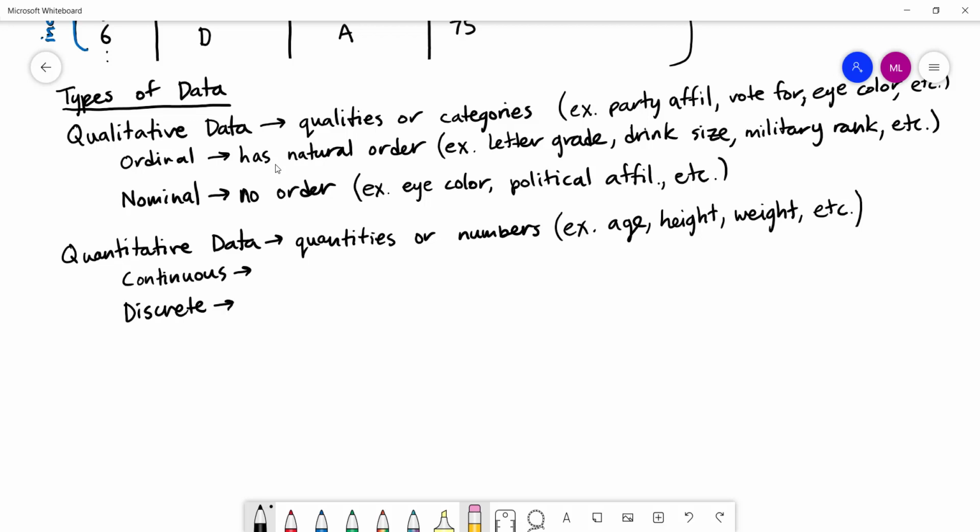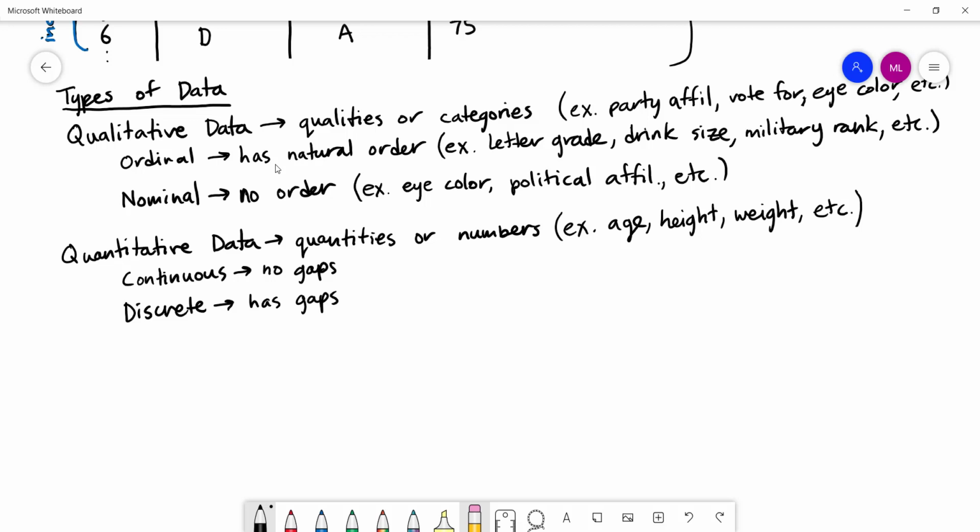And in mathematics, what these words refer to is basically whether or not there's gaps between the numbers that we care about. So in this case, discrete has gaps between the possible values. If you read the book's definition, it's a little bit different, but I think this is a clearer, easier way to understand it. In discrete data, there's gaps between the possible values. In continuous data, there's no gaps.